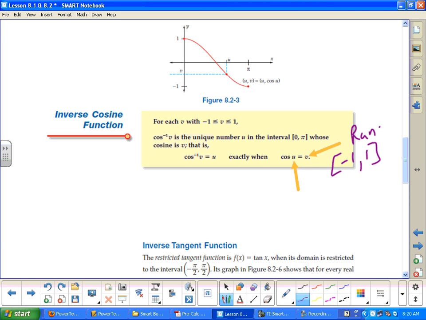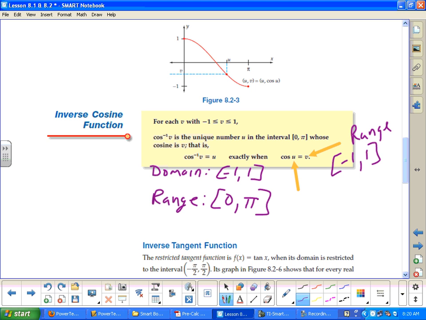So now, when we're doing inverse cosine, the domain is from negative 1 to 1. And then the range, my y values, are going to be from 0 to pi.